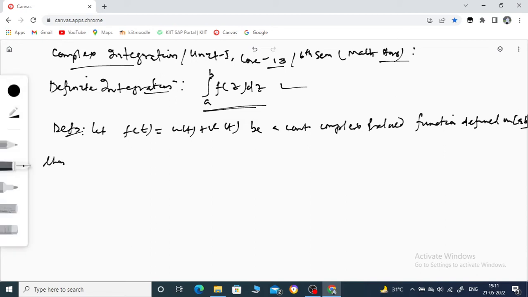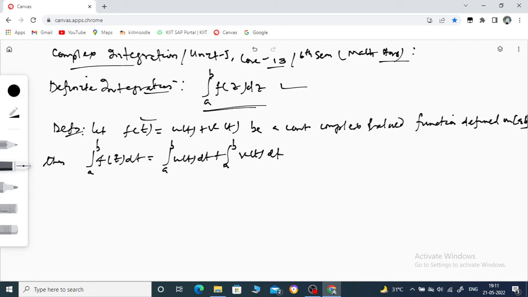Then you can say integration from a to b f of t dt is equal to integration from a to b u of t dt plus integration from a to b v of t dt. Okay.